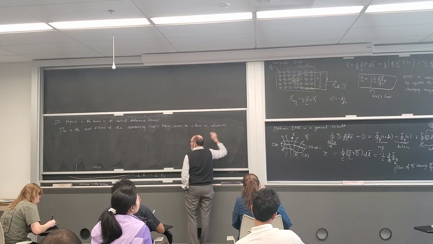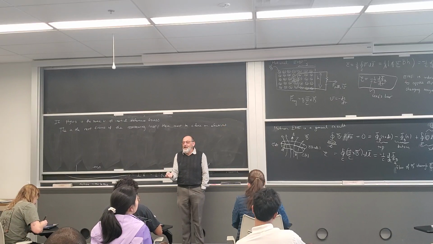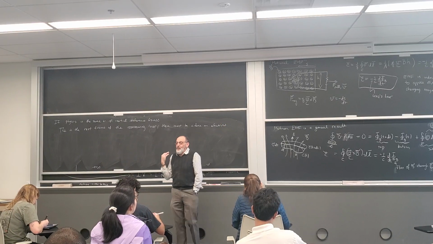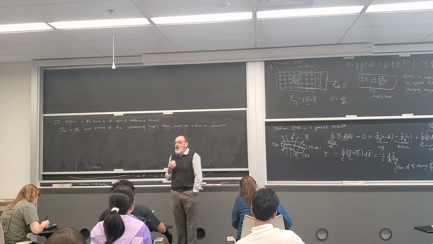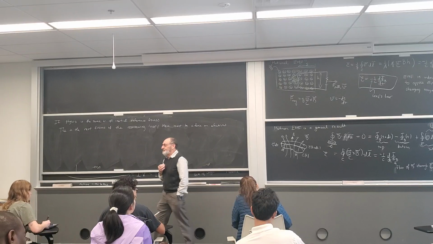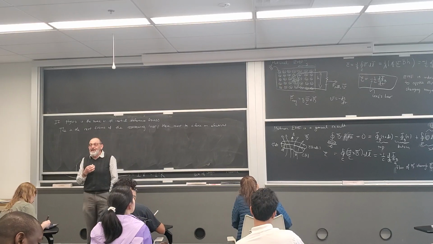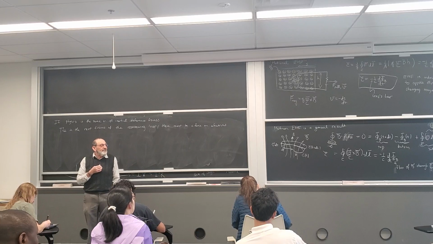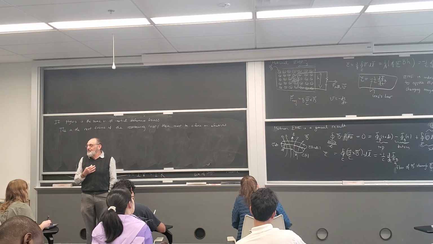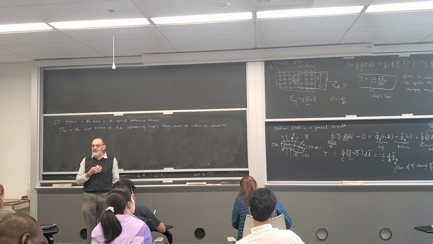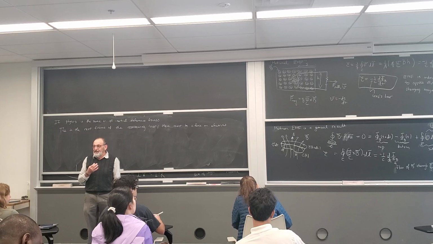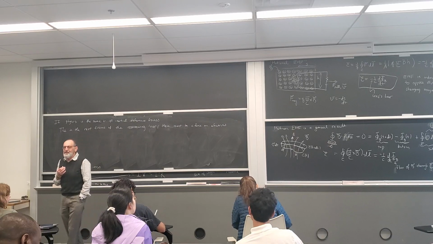Because if there's a force on it in the lab frame, there has to be a force on it also in the co-moving frame. But in the co-moving frame, what is the velocity of the charges? Zero. So where the hell is this force coming from?